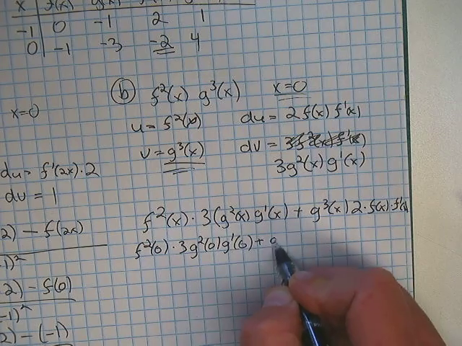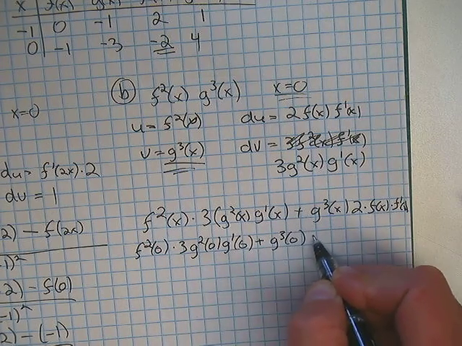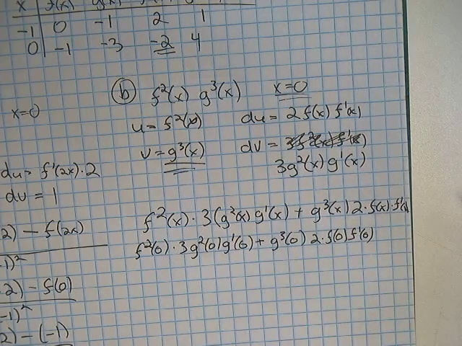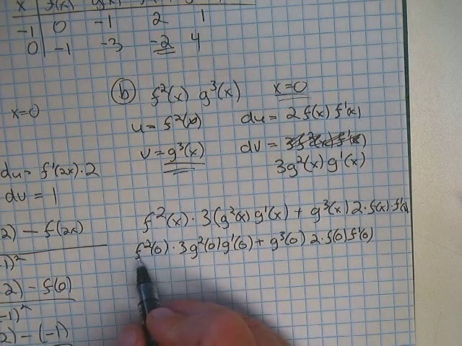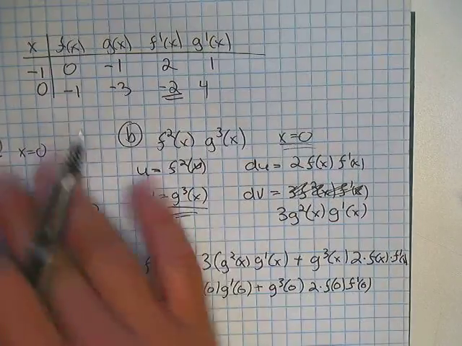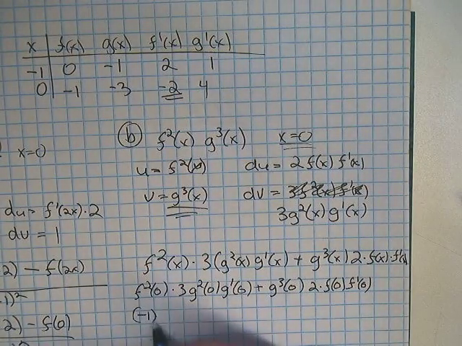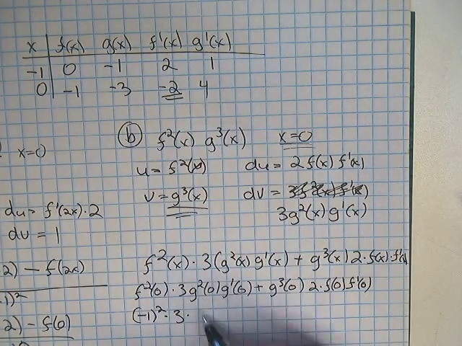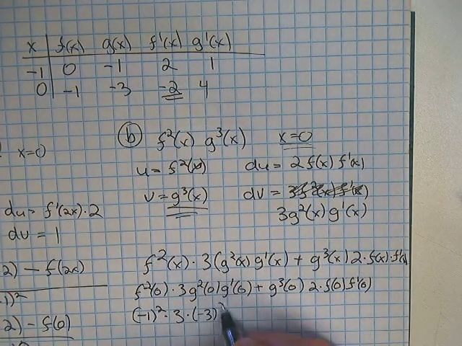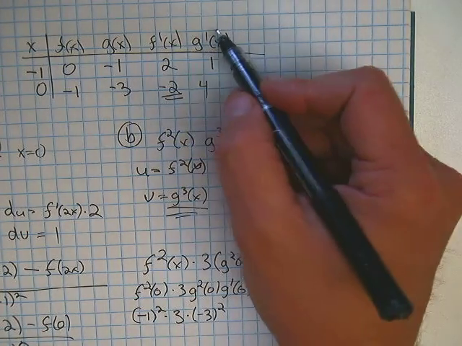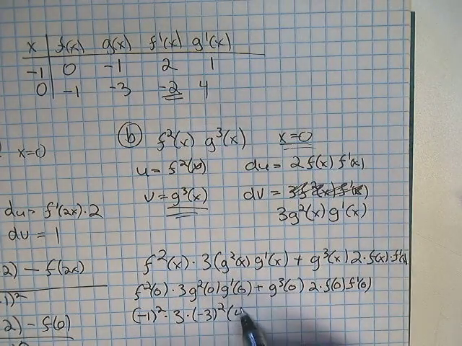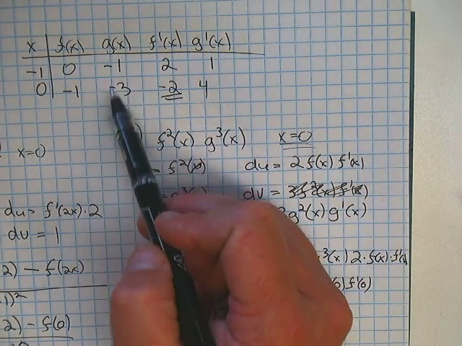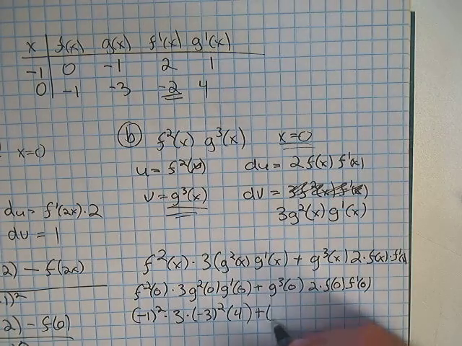Now we're going to plug in a 0. I had to squeeze some in here, so we're going to go f squared of 0 times 3 times g squared of 0 times g prime of 0 plus g cubed of 0 times 2 times f of 0 times f prime of 0. So f of 0 is negative 1, so this is negative 1 squared times 3. G of 0 is negative 3, so this is going to be negative 3 squared.